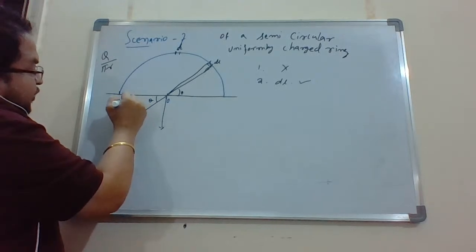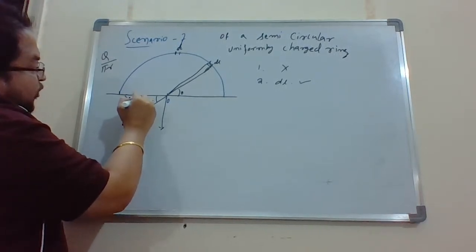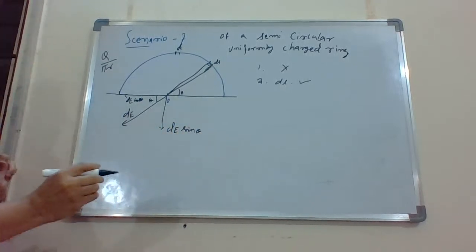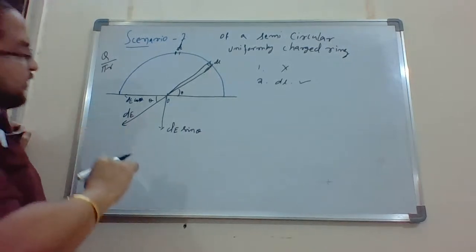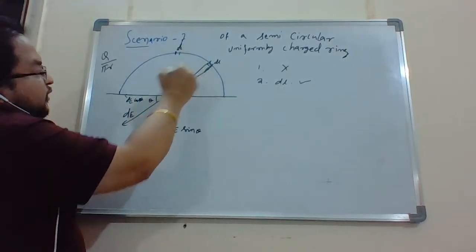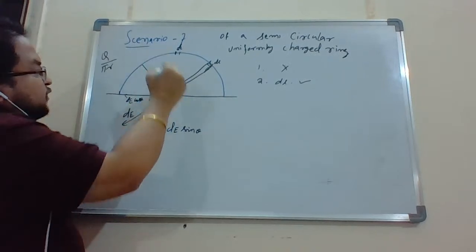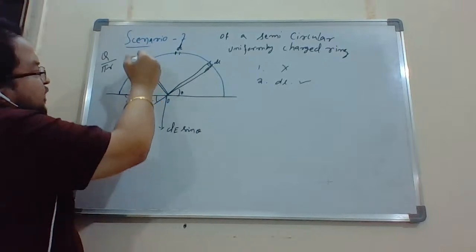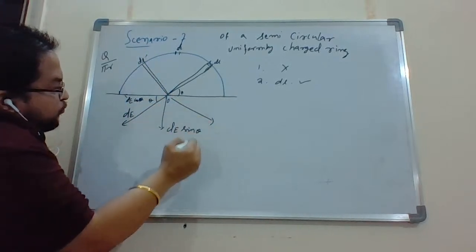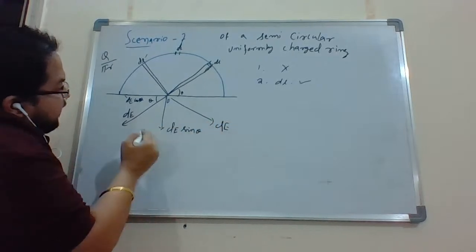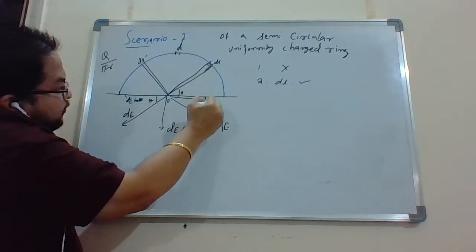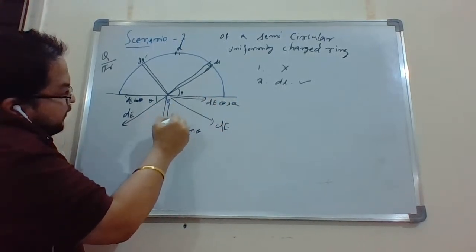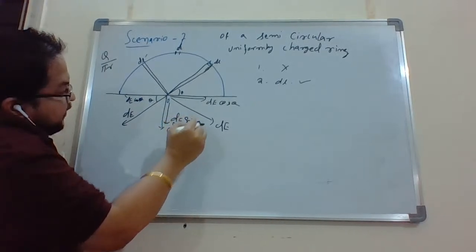So this is dE, and this will be your dE cos theta. This is dE sine theta in this scenario. Now, obviously, at a symmetrical place, I will have another interval dl prime, which will also produce a dE, and that can be resolved into dE cos theta and dE sine theta.